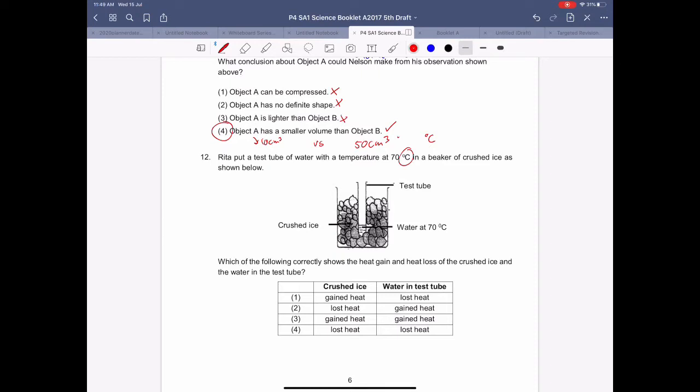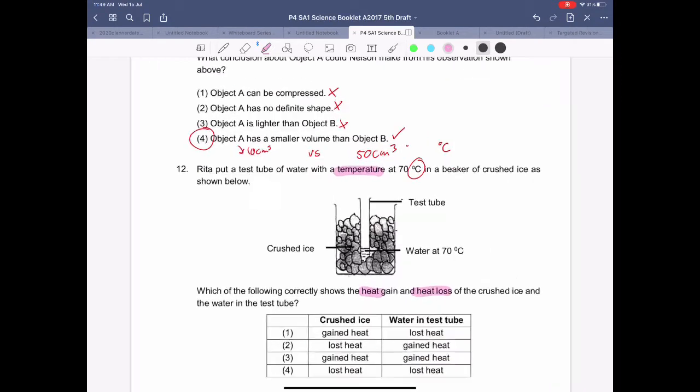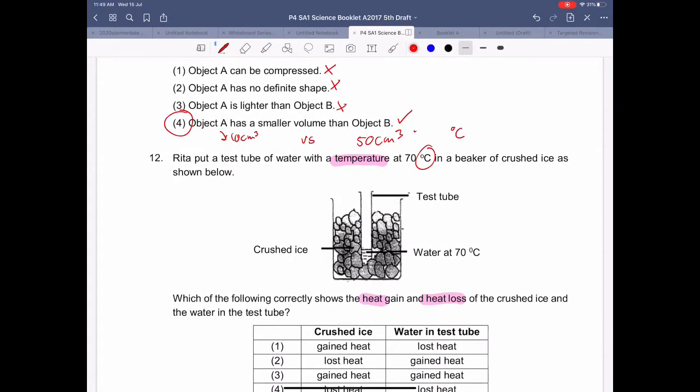So this topic, if you look at it, the key word is heat, correct? Temperature. So all this will hint you that, okay, the topic in this case would be heat. Now the concept in this case that they're testing you, based on what I've read, is talking about heat gain and heat loss.